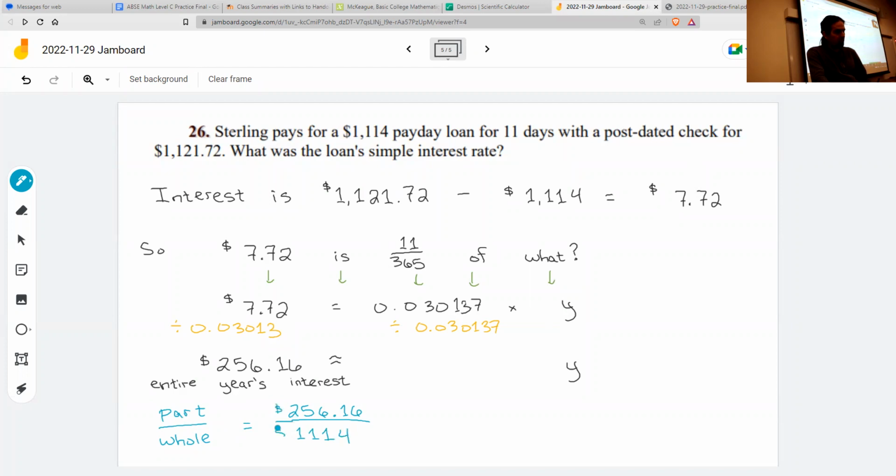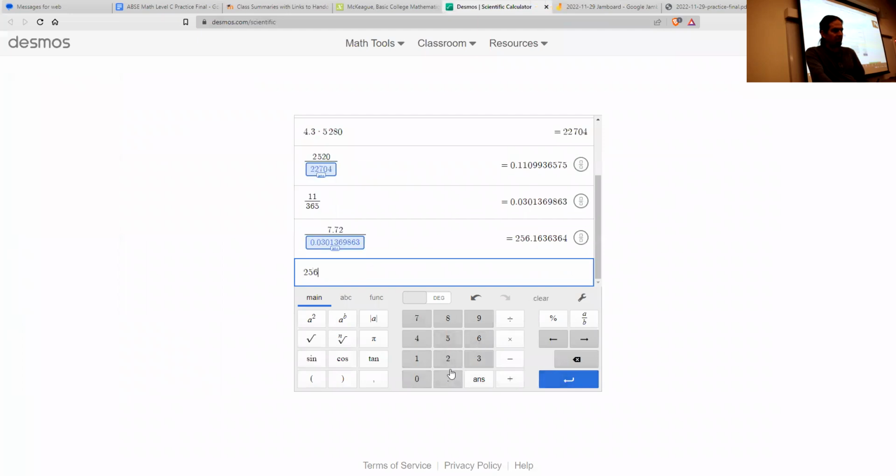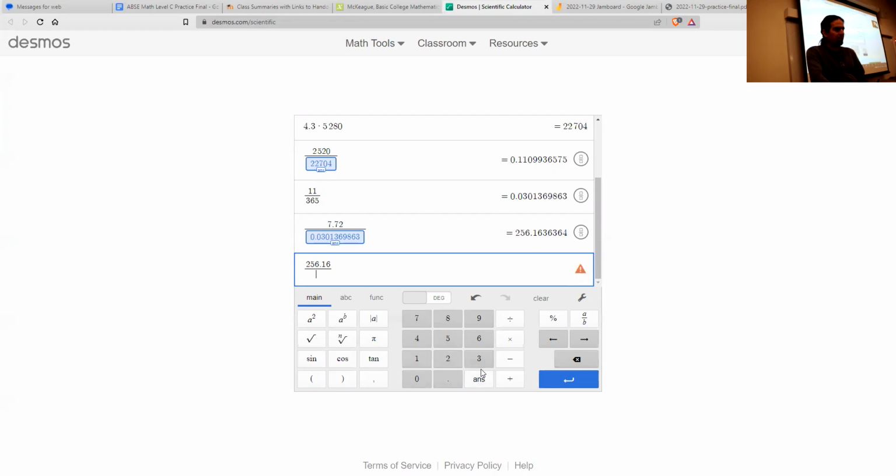Put my dollar signs on, but it doesn't really matter. So 256.16 divided by the loan amount gives me about 0.23.